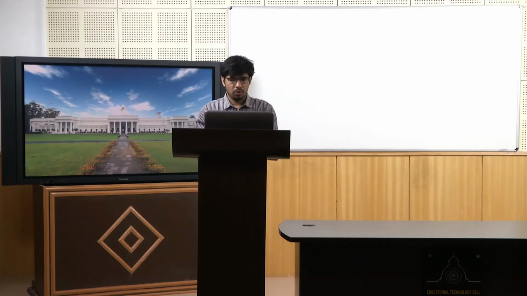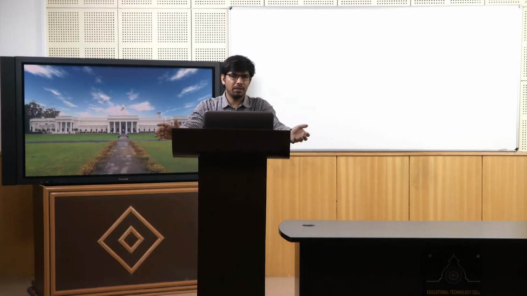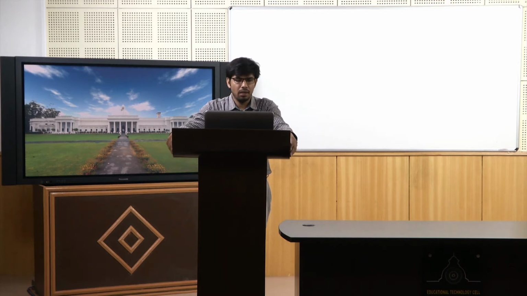Now let us go back to our discussion. What we have discussed in the cumulative lift curve or gains chart helps us in determining how much improvement our model is providing. If we had not used any model at all, what was the case, which was represented by the reference line, and the gains, the lift from that no model scenario, that lift that has been given by the model, we could see in this chart.